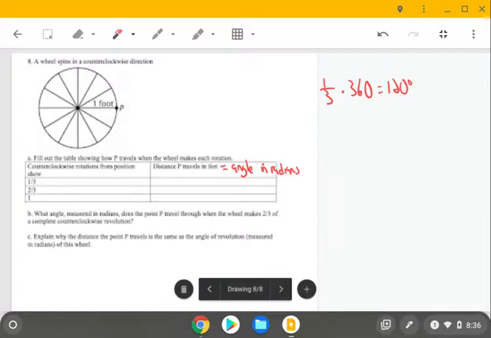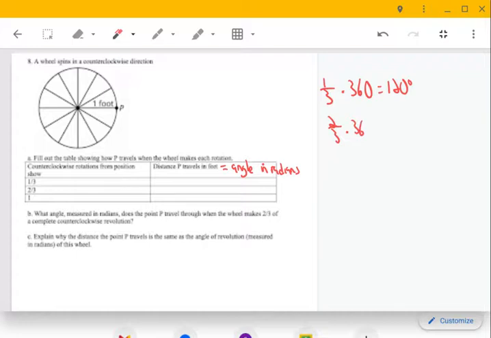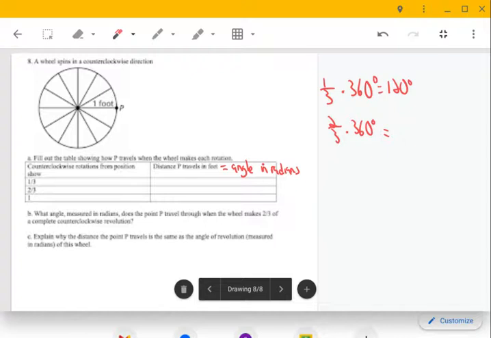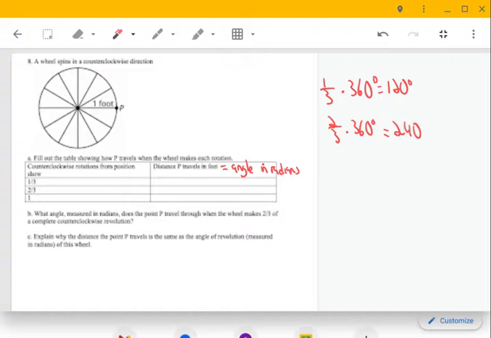Okay. 2/3 times 360 degrees, that would be the second row there, is 240. And we know that one full counterclockwise rotation is 360 degrees.